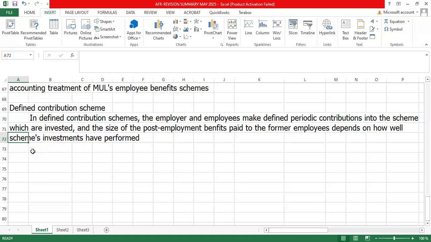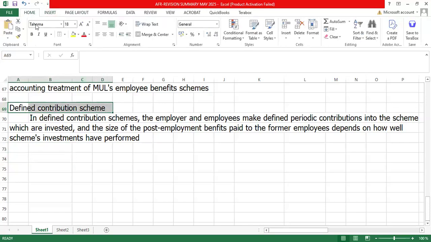Now, because this was a question taking around 15 marks, we need to add other things.